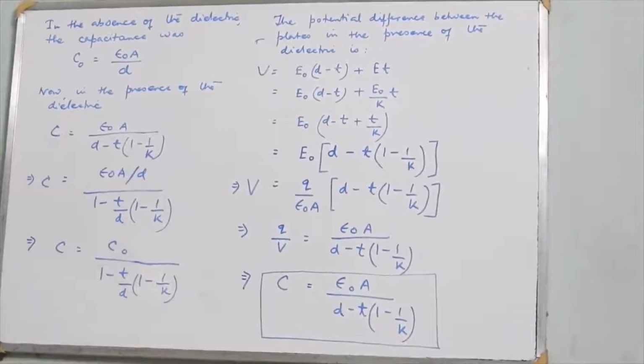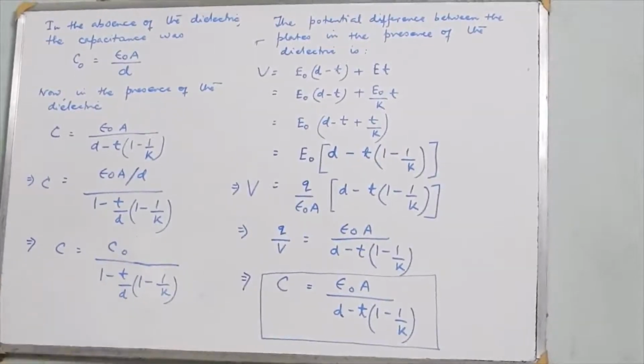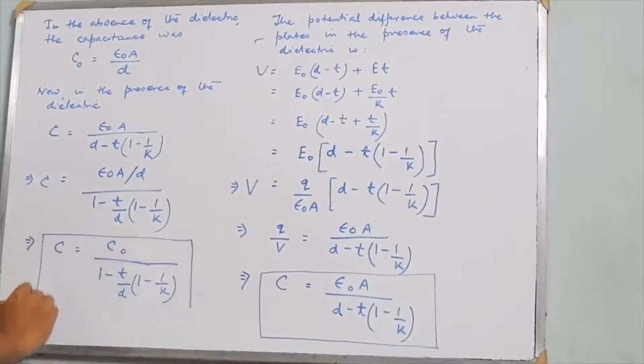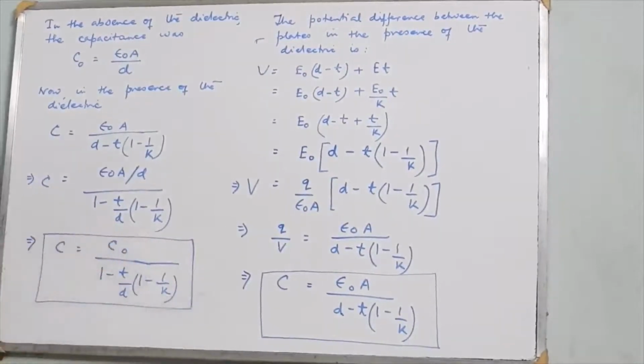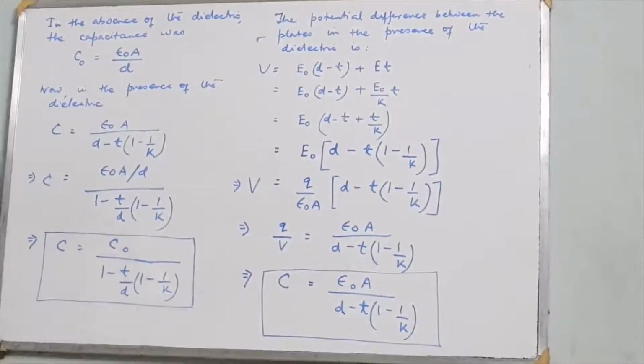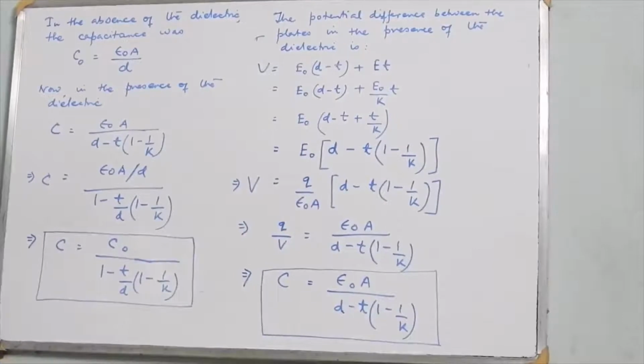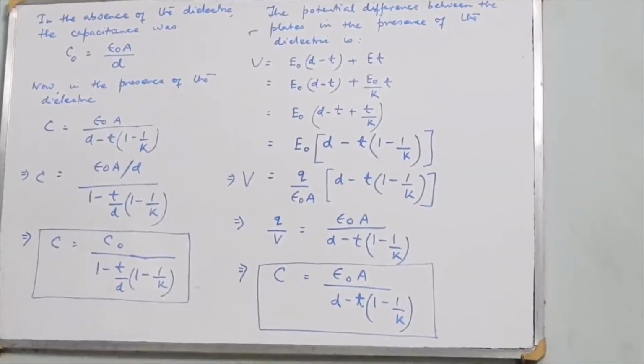So obviously the denominator is less than 1, which means that the capacitance of the capacitor has increased. C0 divided by a factor less than 1 is obviously greater than the initial value of C0.